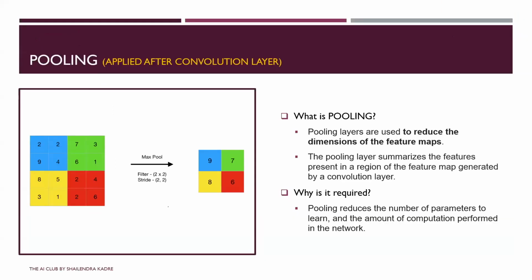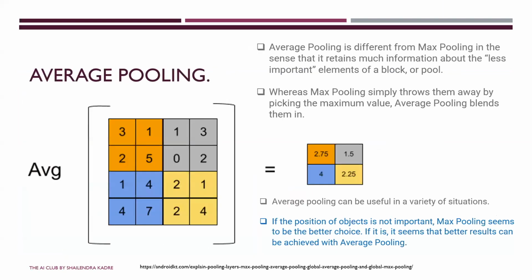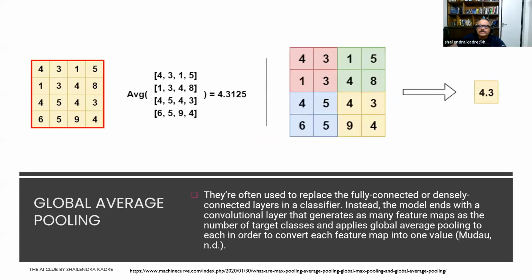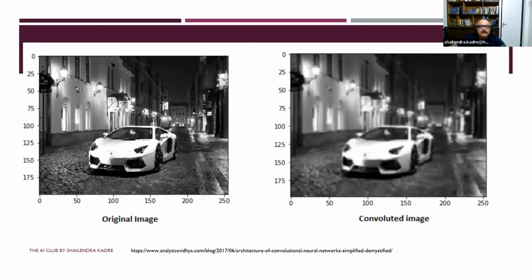Yes. Now I will show you one more image. See this car image. You see the walls, how brightly illuminated they are, and the car is standing. I have done convolution, and see how it becomes the right-hand side image. My job here is to recognize the car, not the background.